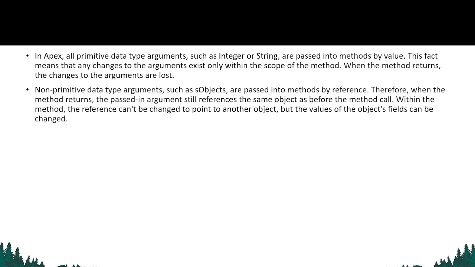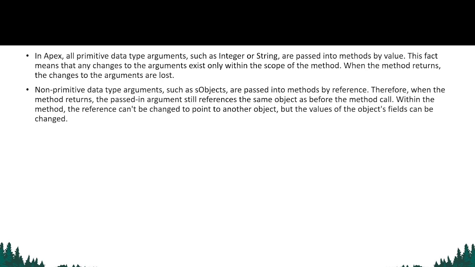Then we have non-primitive data types also. The non-primitive data type arguments, such as SObjects, are also passed into the methods, where we are creating a reference for them. When the method returns, the passed-in arguments are referencing the same object as before the method call, because, as I told you in the previous slide, we are maintaining the reference.